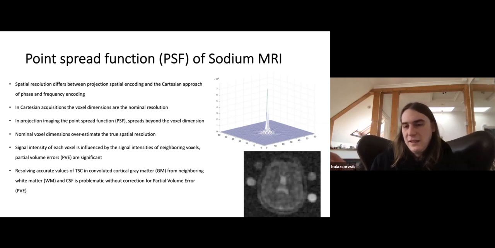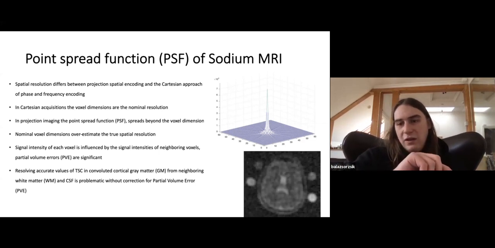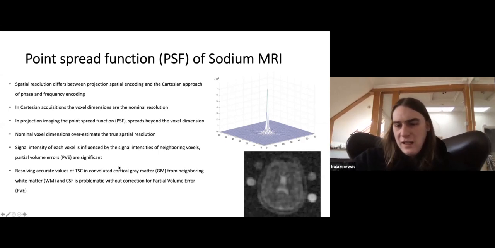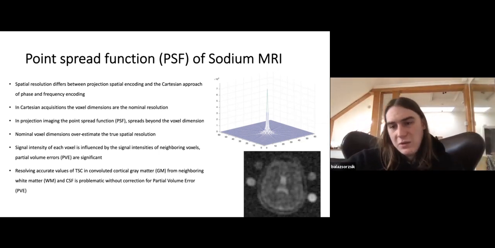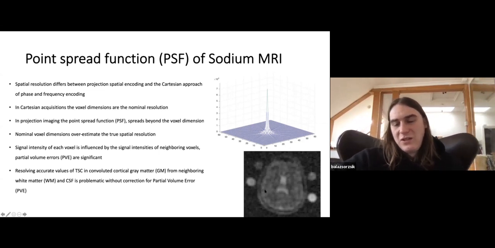So that basically means that a gray matter voxel will have information and signal from the neighboring CSF and the neighboring white matter voxel as well. Also, it's important to highlight that in sodium MRI the nominal resolution that we get is 4 millimeter cubed. But the actual underlying resolution is even worse.